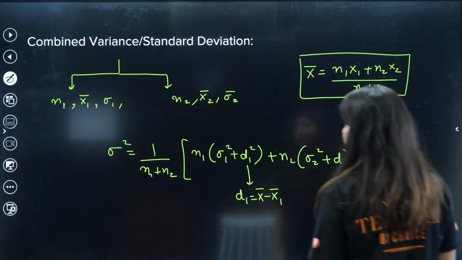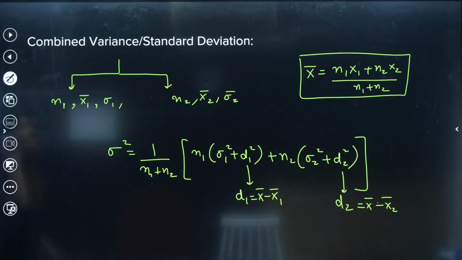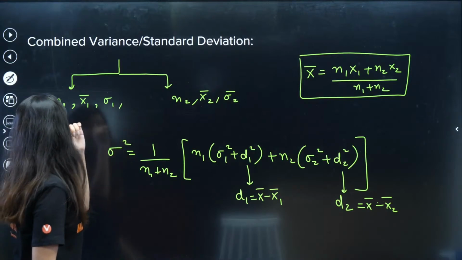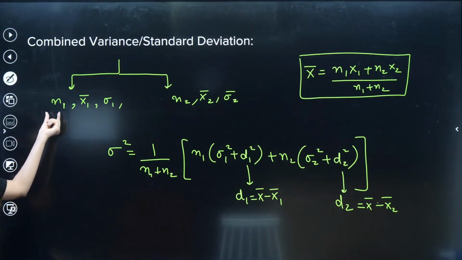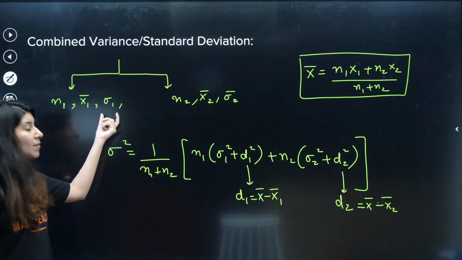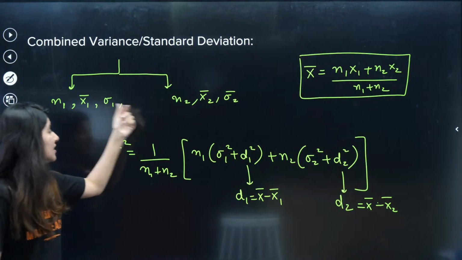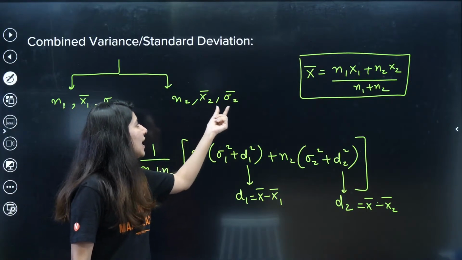Now we have a formula for combined variance, or we can say combined standard deviation. Suppose you have two different series. The first series has n1 as the number of terms, x1 bar as the mean, sigma 1 as the standard deviation, and sigma 1 square as the variance. The second has n2, x2 bar and sigma 2.